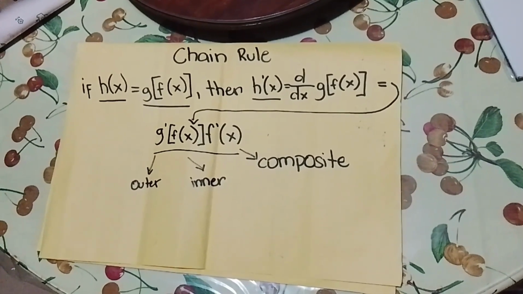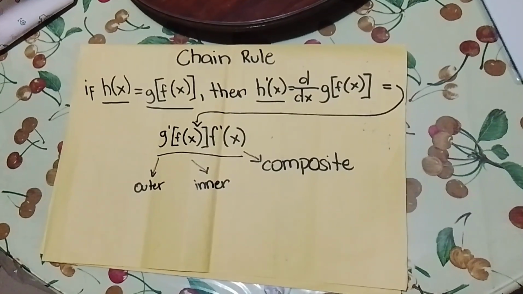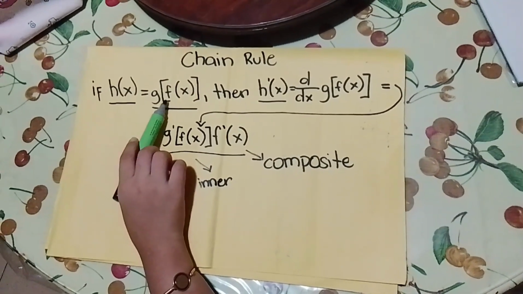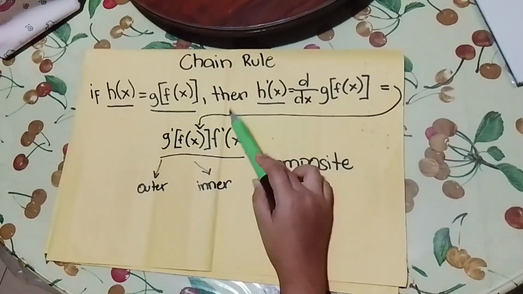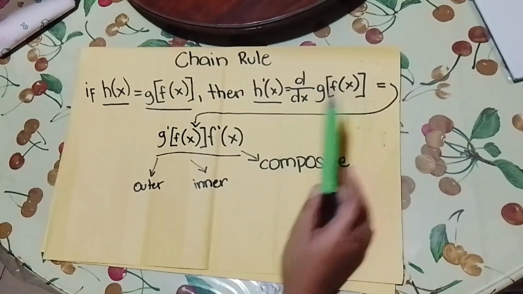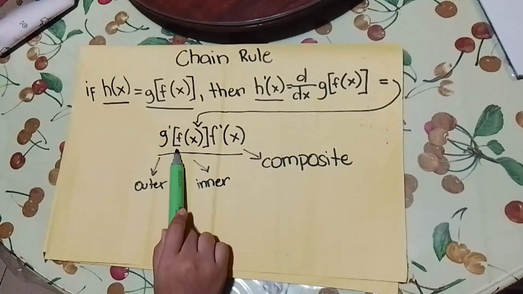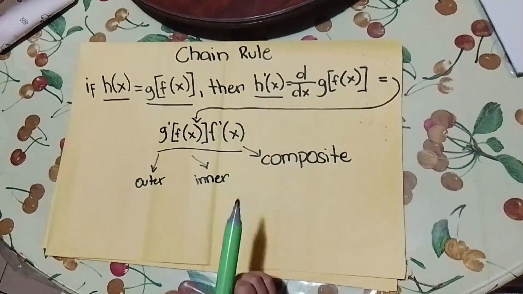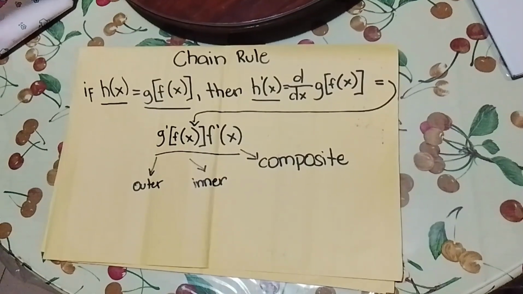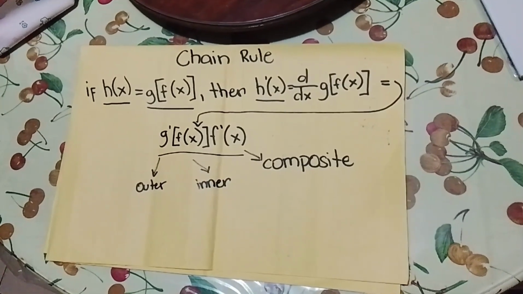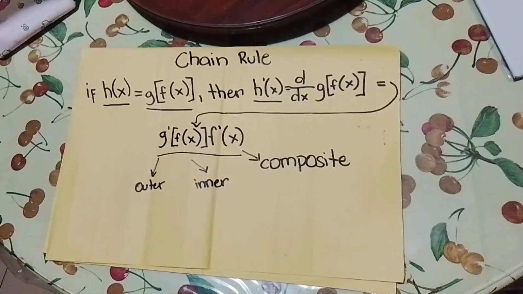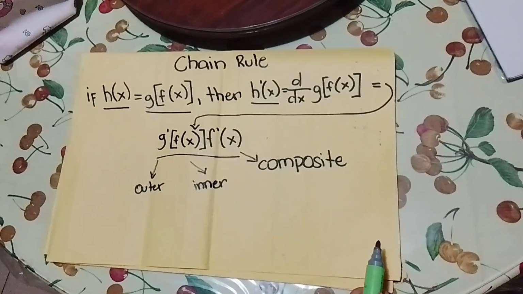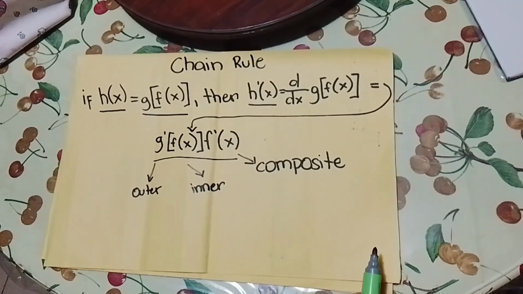So how do we get the derivative using the chain rule? If h of x is equal to g of f of x, then h prime of x is equal to g prime of f of x times f prime of x. So it means we can only use the chain rule if the given is a composite, and it means we have an inner and an outer function.